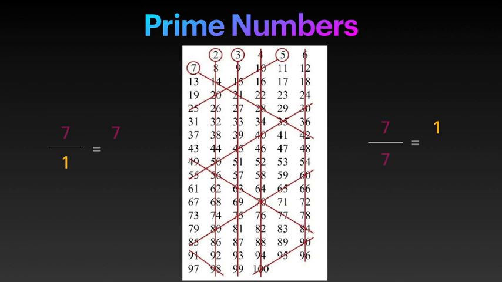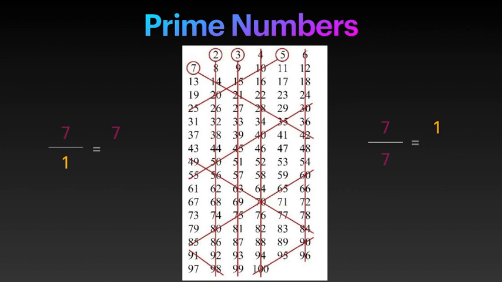If any number is indivisible by any other number apart from 1 and itself, we call it a prime number. As an example, 7. As any number is divisible by 1, 7 is also divisible by 1. You know the answer is going to be 7.